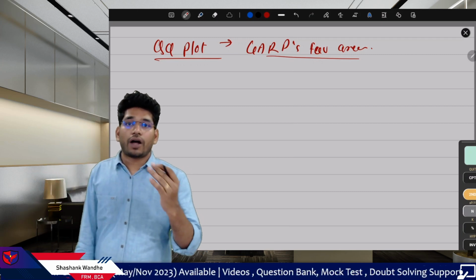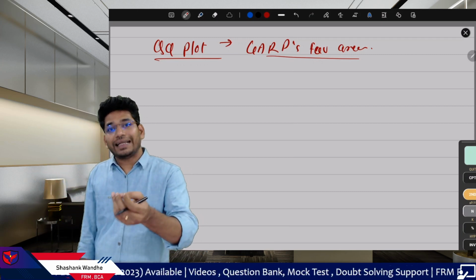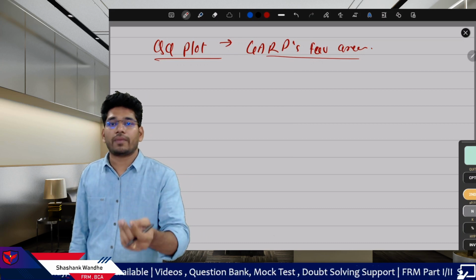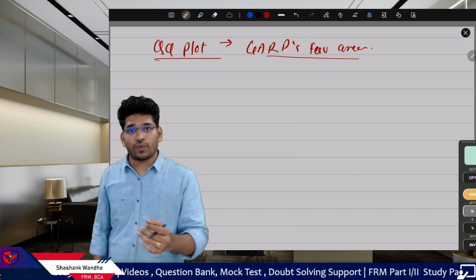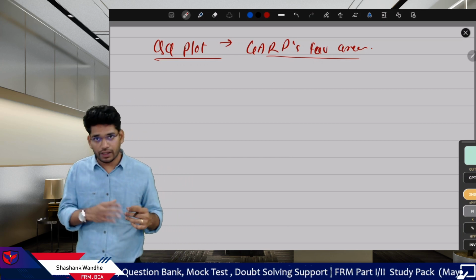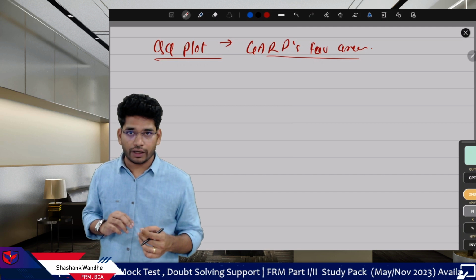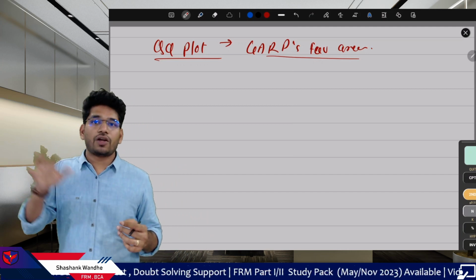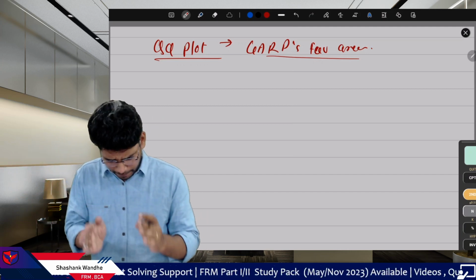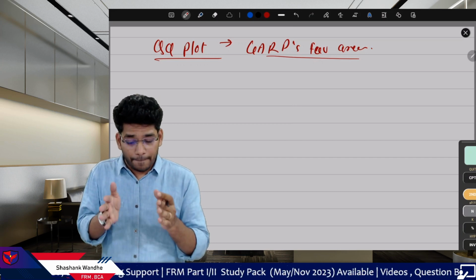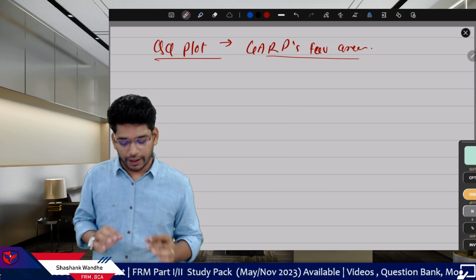Now, how do we confirm or check if the data you are taking is normally distributed or not? That's the first requirement. Even before you start your value at risk calculation, you first need to ensure that your data is normally distributed.